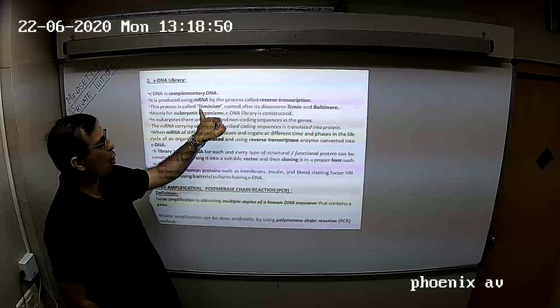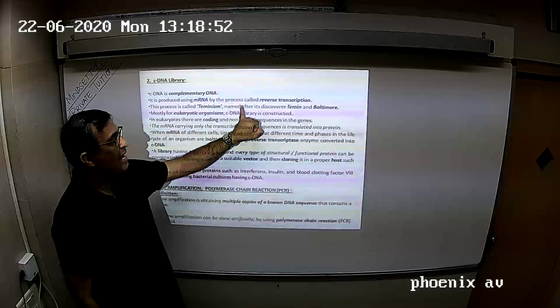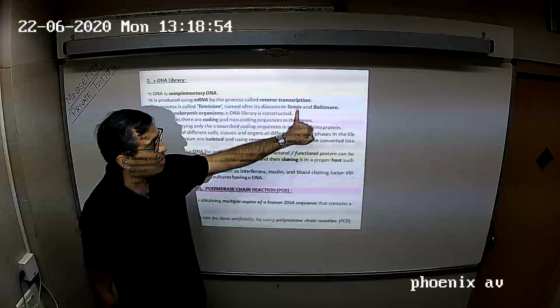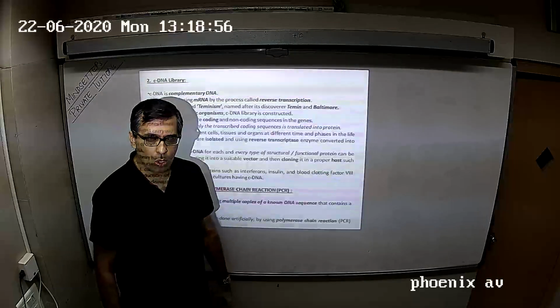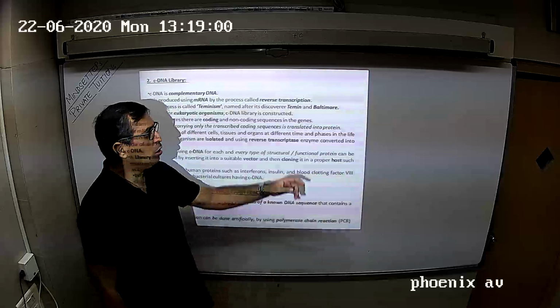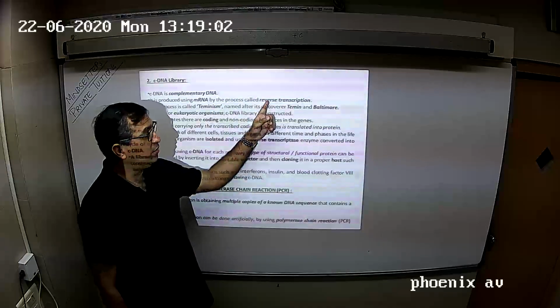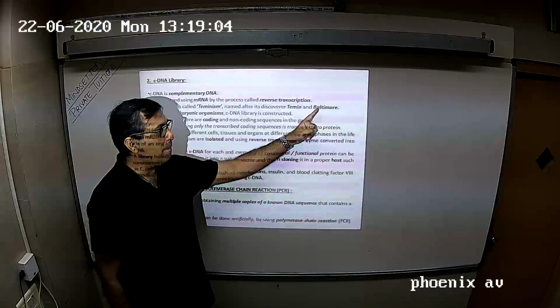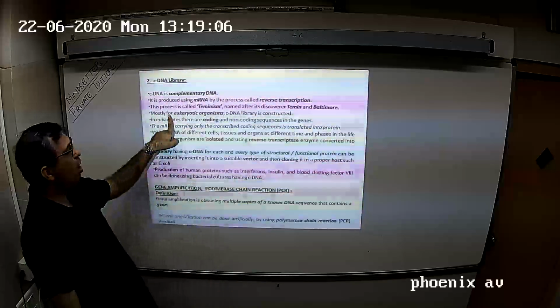This process is called as Teminism, named after its discoverers Temin and Baltimore. Teminism, also called as the reverse transcription process made by Temin and Baltimore.